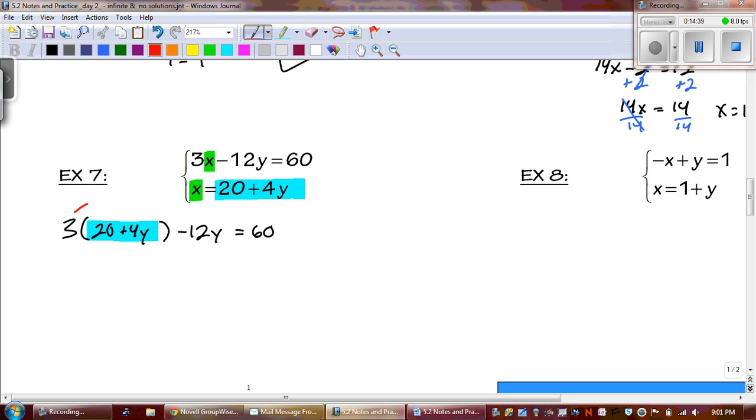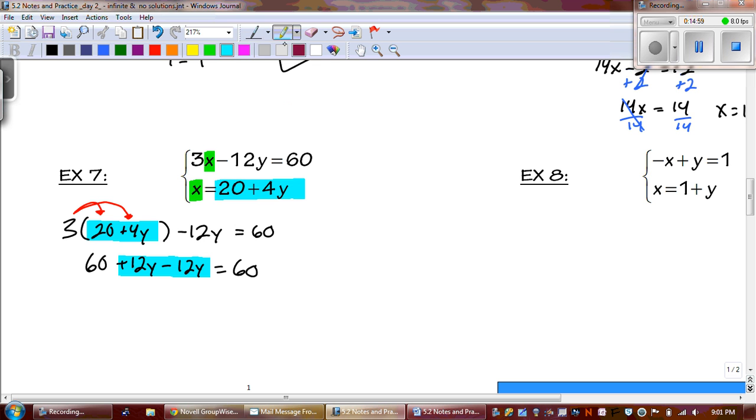Let's go ahead and distribute. 3 times 20, if you need your multiplication chart, it's on there. 3 times 4 is positive 12y, minus 12y equals 60.